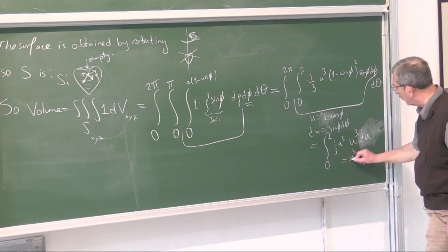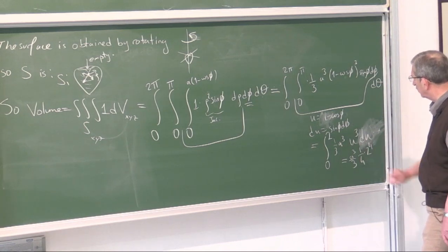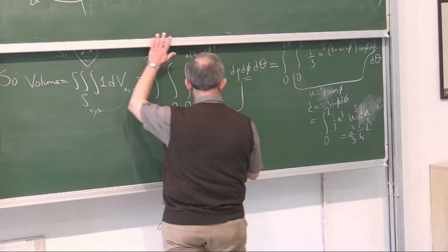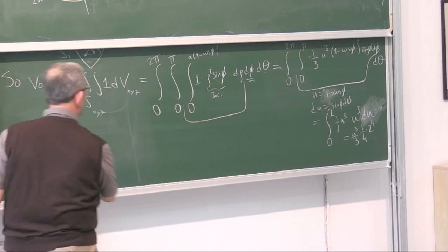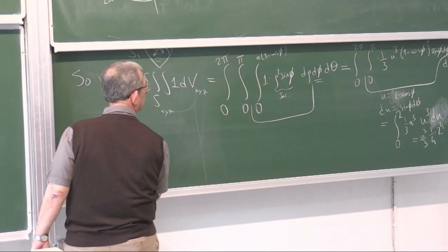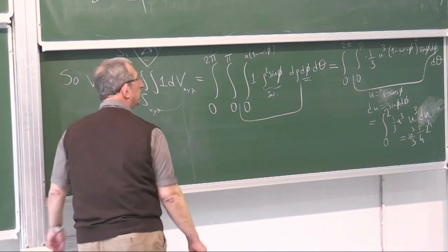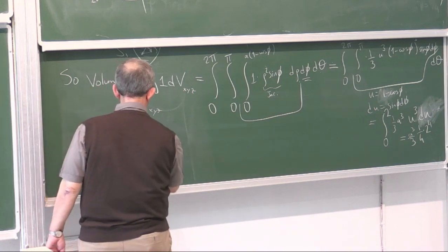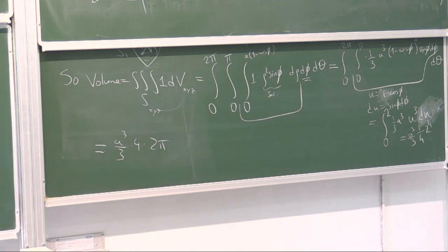You have a cubed over 3, u to the 4th over 4, at 2 to the 4th. Finally, it becomes a cubed over 3 and 1 over 4 times 2 to the 4th. Well, that means 4. And you have 2 pi eventually. So it's 8 over 3 times something.